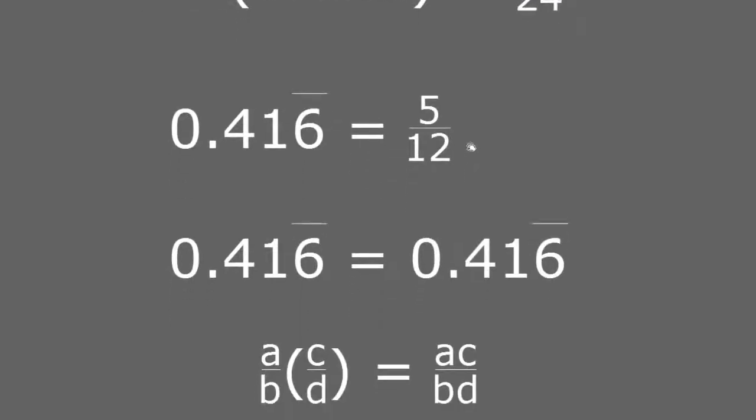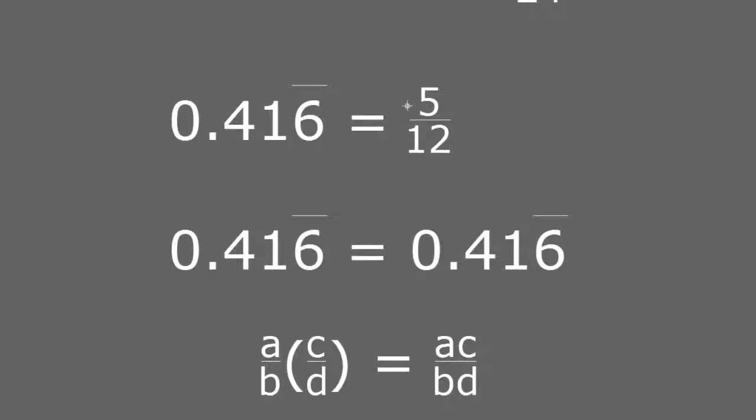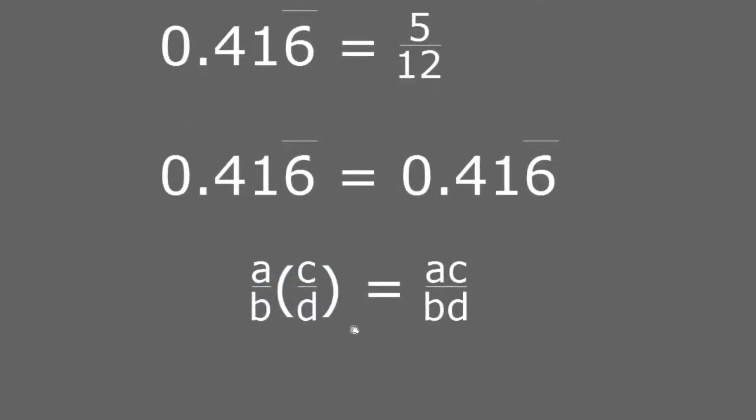And if you perform that division, you're going to see that 5 divided by 12 is also 0.416 recurring. So we see that no matter how we do it, if we first divide each one of the fractions and later multiply them together, or we first multiply the numerators and the denominators and later divide them, we're going to get the same result.